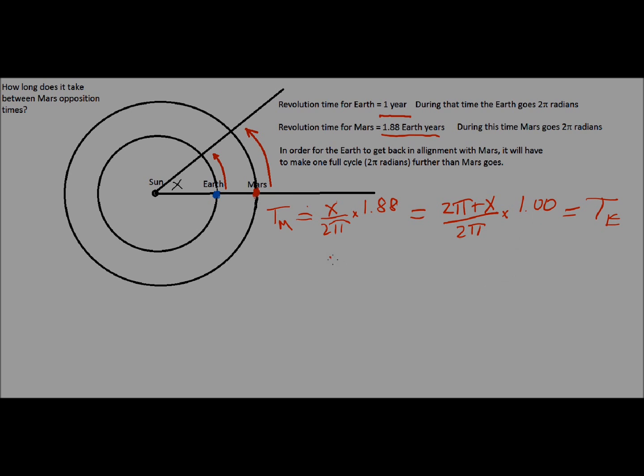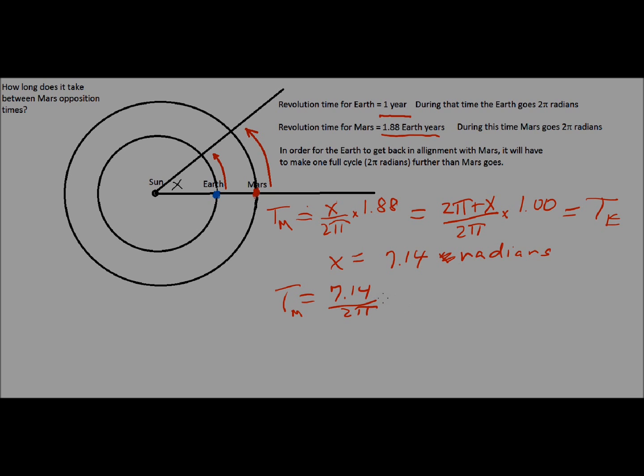Solving this for x, we get x is equal to 7.14 radians. And then if we calculate the time, let's do it for Mars. It's the same for the Earth. Of course, it's this formula here. It's x, which is 7.14 radians over 2 pi radians.